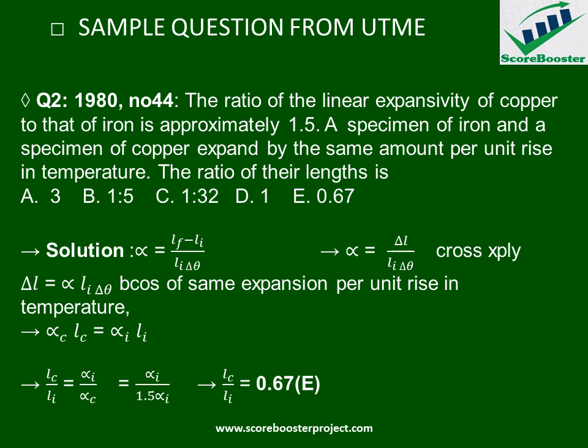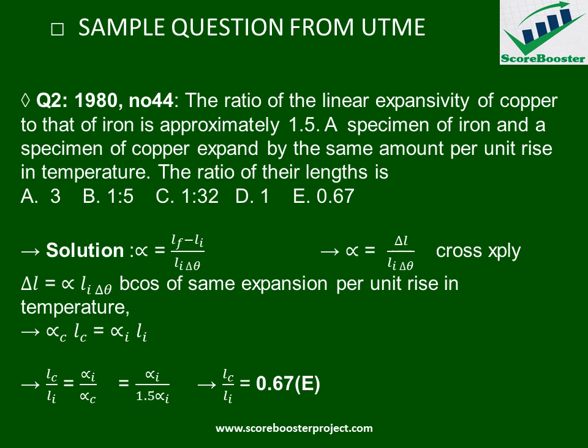And from the question we've been given that the ratio of linear expansivity of copper to that of iron is 1.5. That means linear expansivity of iron equals 1.5 times that of copper.